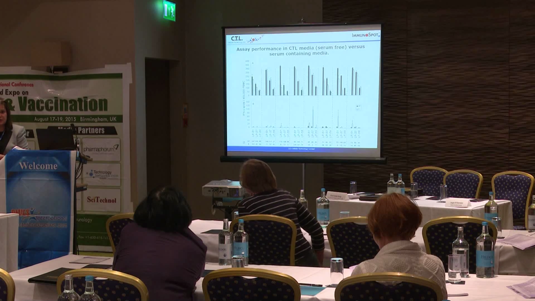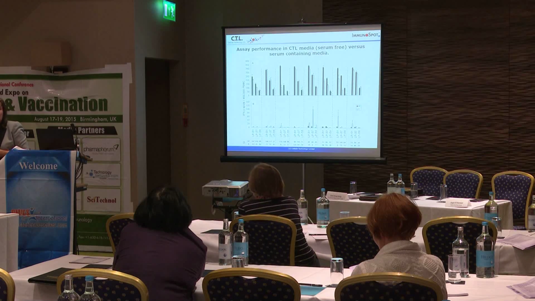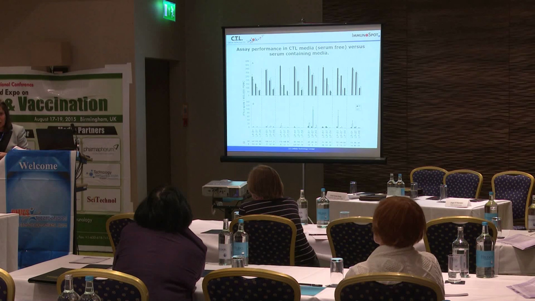Each aliquot needs to be heat inactivated, filtered, and so on, and then used in the assay, and you use it constantly. So the same lot of serum will be used through 2 years, and then it expires, and you can start all over again. So it's a constant challenge.